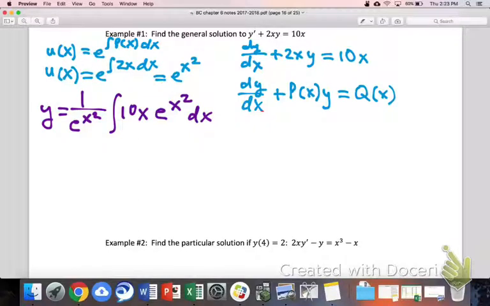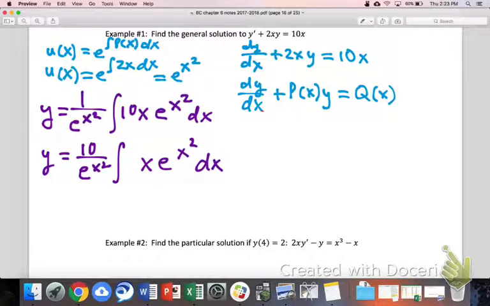Then you could maybe get the 10 out of there, and you still have to do that integral, of course. We're missing a factor of 2, so I'll put that 2 in there, and we need to also divide by 2 on the outside if we're going to be doing that.